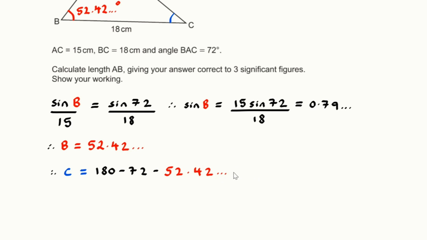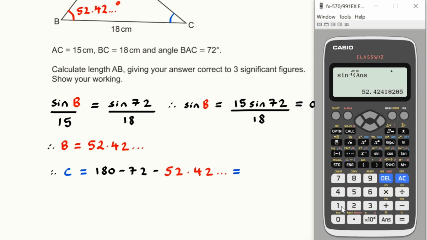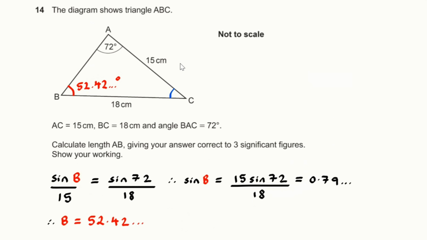If I find out what the angle C is, 180 take 72, take away this, is 55.57, etc. degrees. What I can also do is work out the size of AB now using the cosine rule.